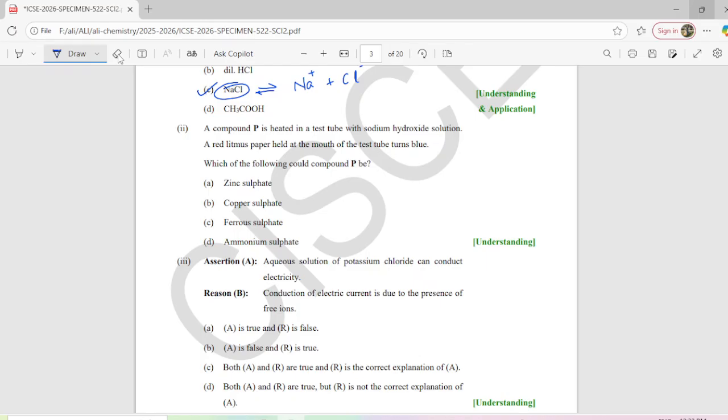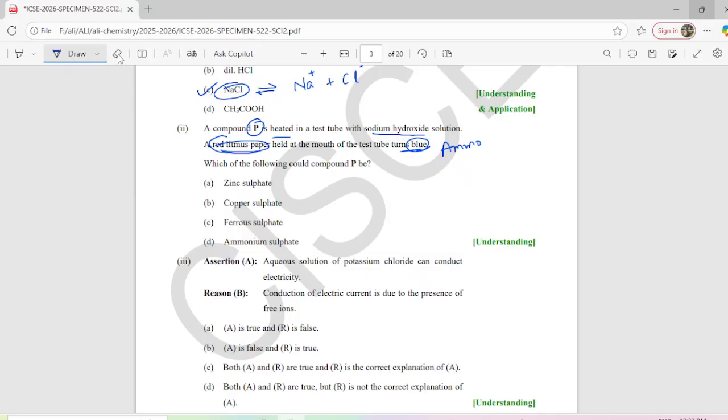Next, come to the second MCQ. A compound P is heated in a test tube with sodium hydroxide solution. A red litmus paper held at the mouth of the test tube turns blue. So that must be a gas. Here it is turning the red litmus to blue, so that must be a basic gas, which is nothing but ammonia.